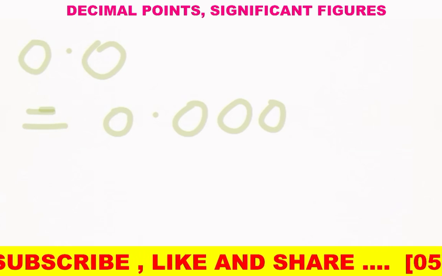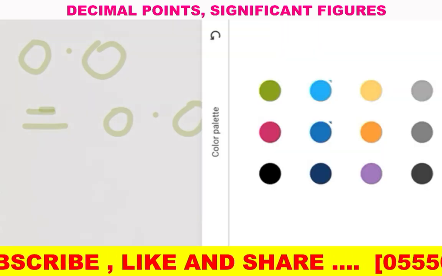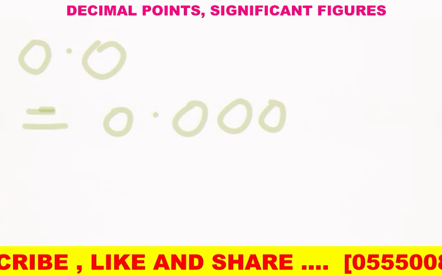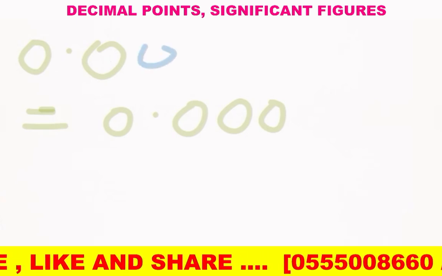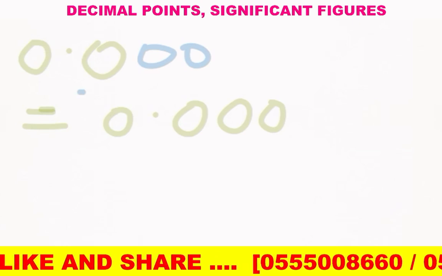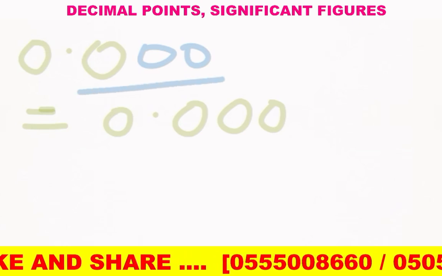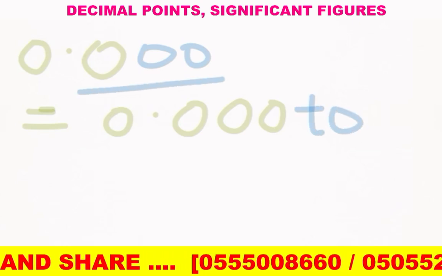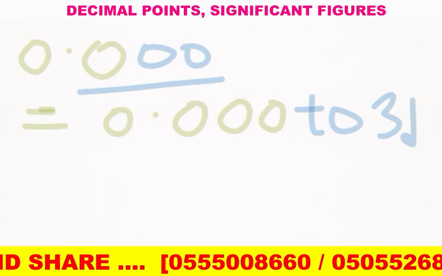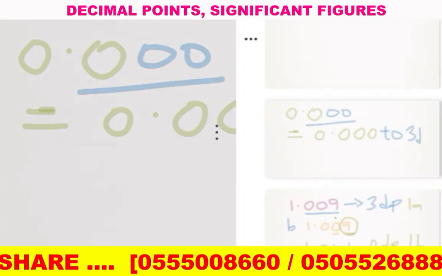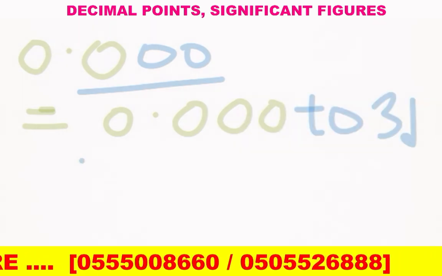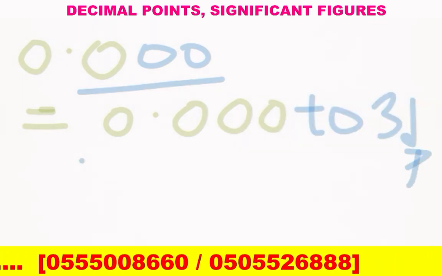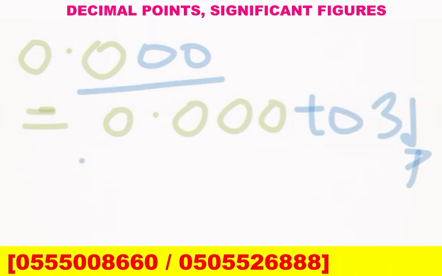Since for this one we have only 1 number after the decimal point, we are to add zeros to it so that we will get 3 numbers after the decimal point. So this one to 3dp. Yes, to 3dp. All right.